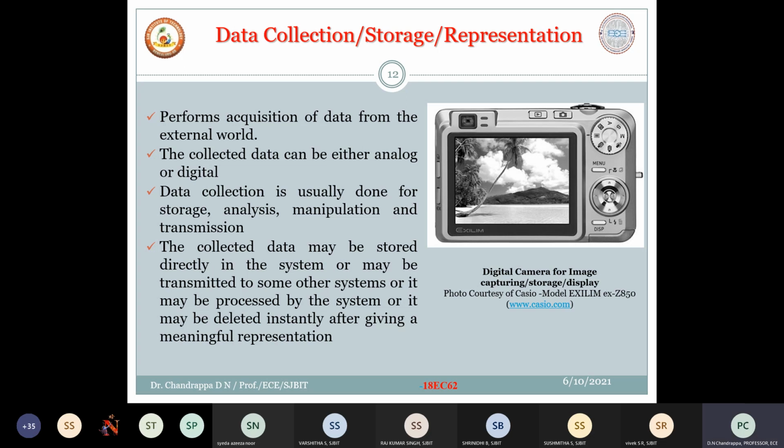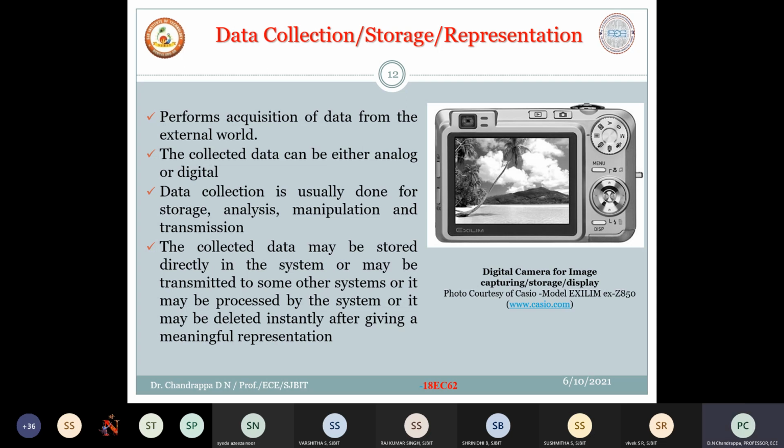How to acquire or capture the image? To capture the data or the image from the external world, we can capture the beauty of nature. We can collect it.